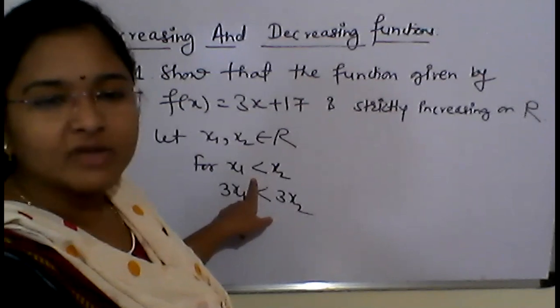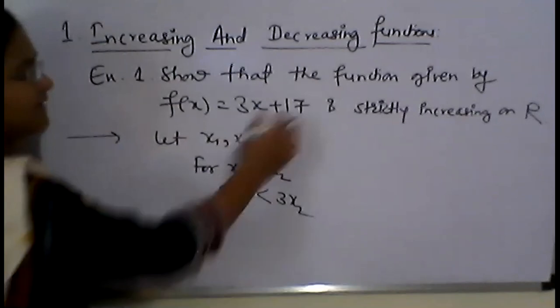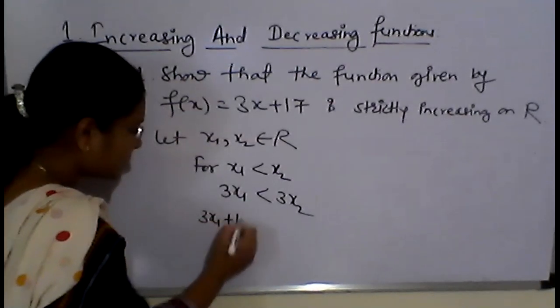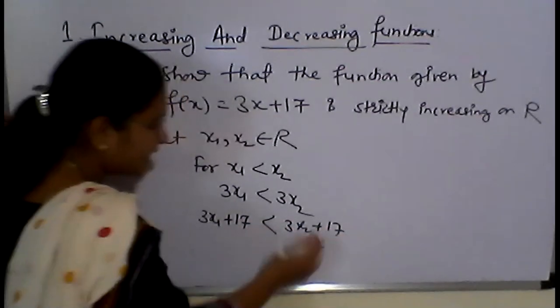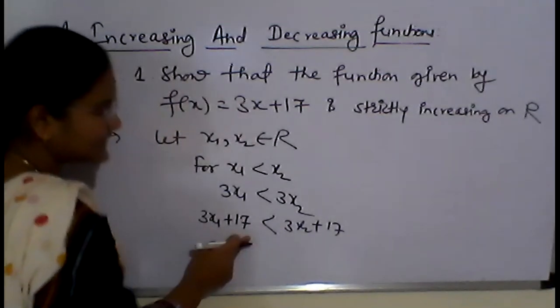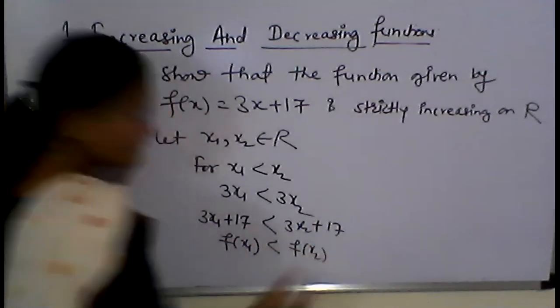Are you getting this or not? Yes, ma'am. Okay. So can we add 17 on both sides? What we will get? 3x1 plus 17 less than 3x2 plus 17. What we can write? f of x1 less than f of x2.